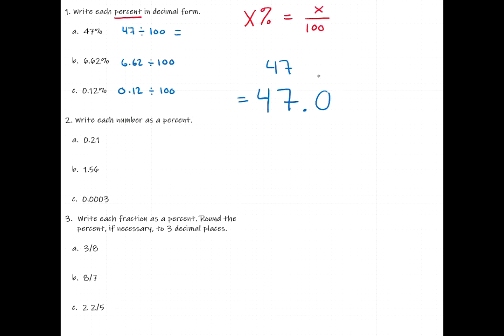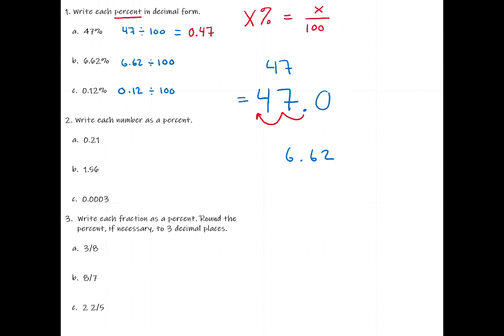All right. So if we're dividing by 100, that means the number's getting smaller. That means the decimal point has to go 2 places to the left. So dividing by 100 means shifting the decimal point 2 places to the left. So this should be 0.47. Same thing with the 6.62.